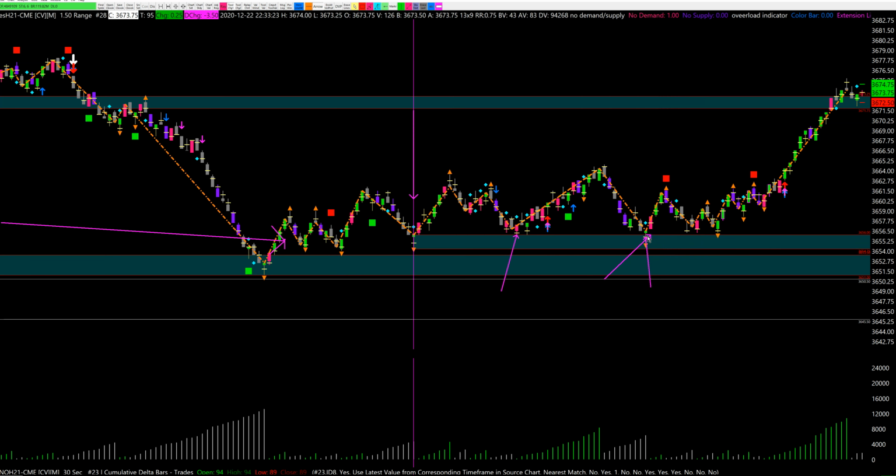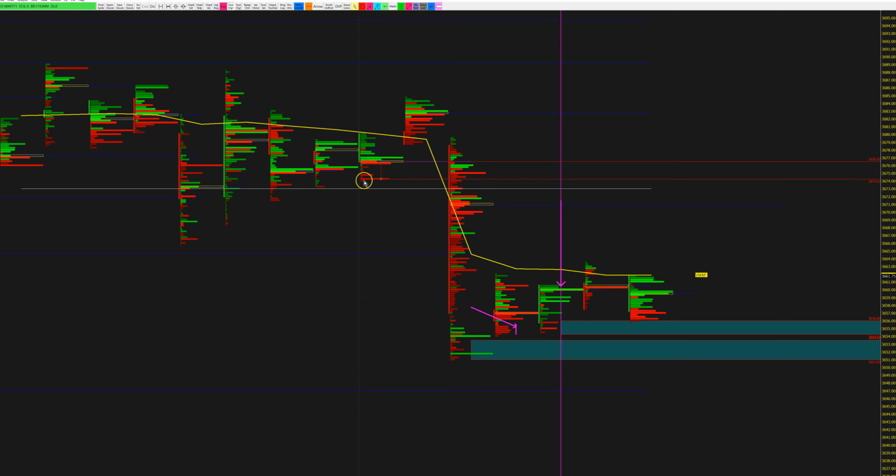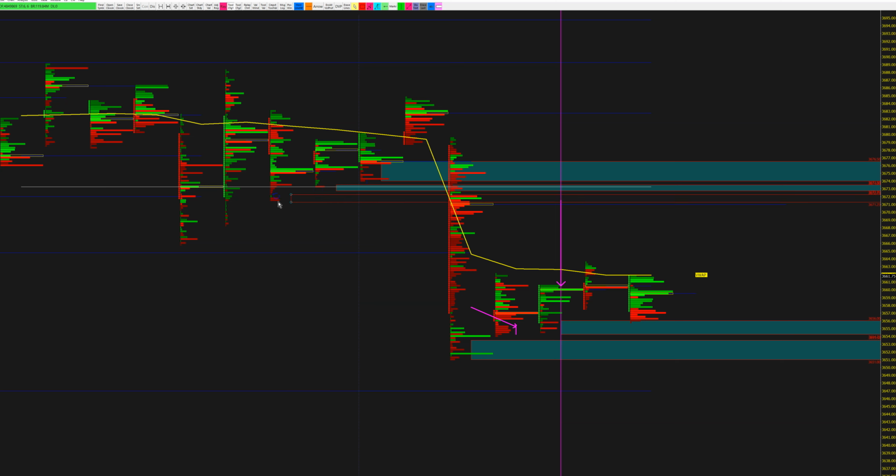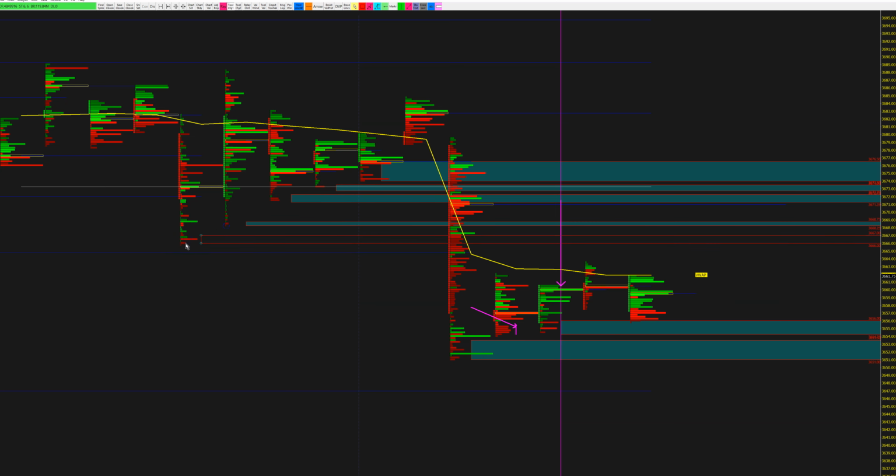So if you'll look up here earlier this evening, prior to that big down move where we were accompanied by the news from the president rejecting the current stimulus deal as insufficient, I would have said this, this, this, and certainly this.